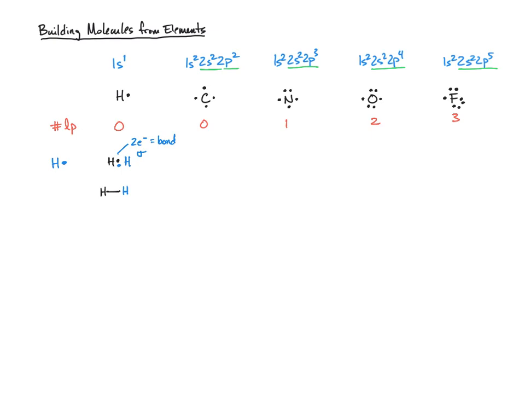We can go ahead and do our carbon now. So we see that carbon has 4 unpaired electrons. Now we're going to draw in 4 hydrogen atoms to complete those bonds. So what's another way to represent that?